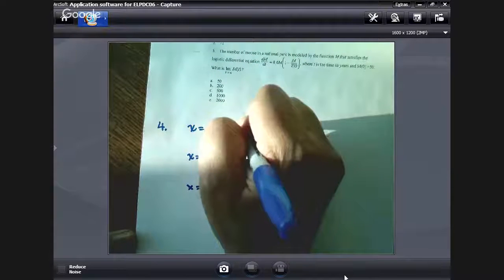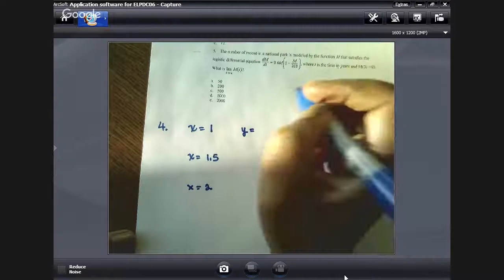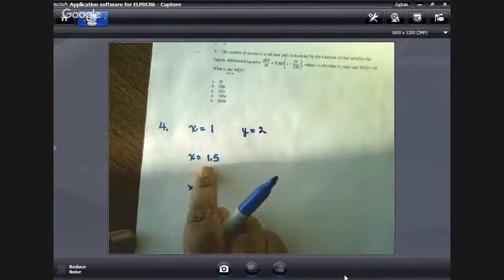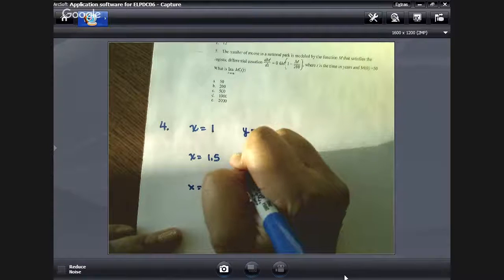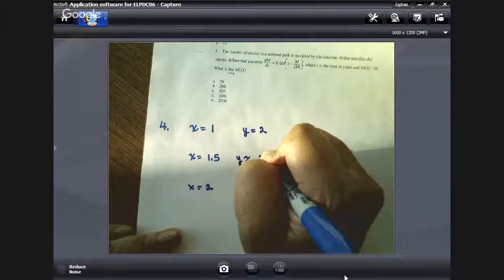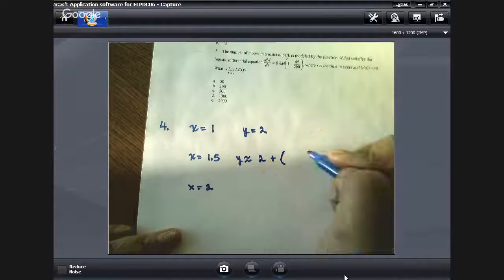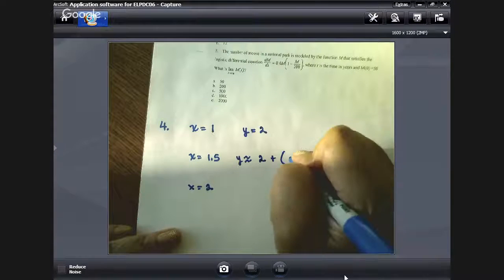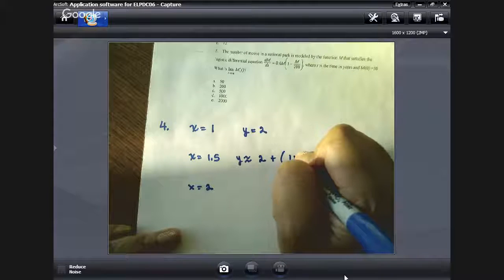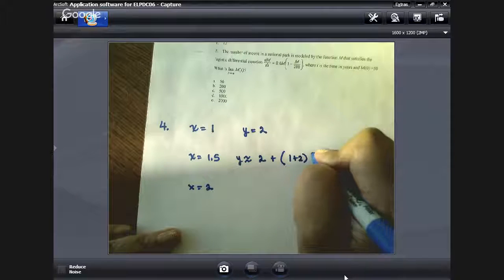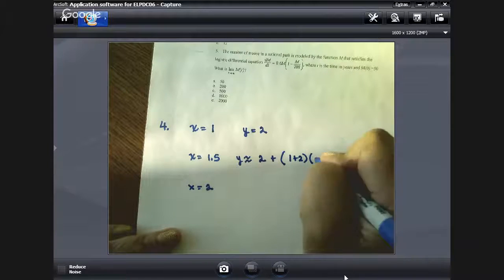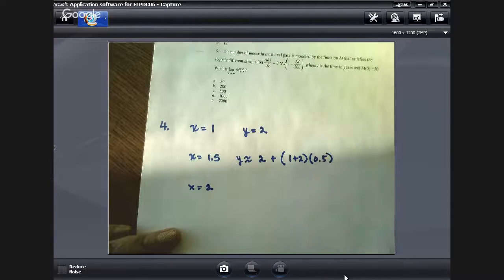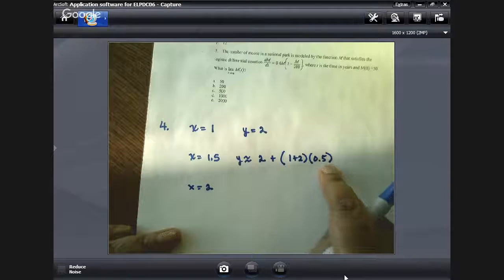So when x is equal to 1, y is equal to 2. When x is equal to 1.5, y is going to be about 2 plus dy dx, which is x plus y, 1 plus 2 times dx, which is the step size, 0.5. That's 3 times 0.5.